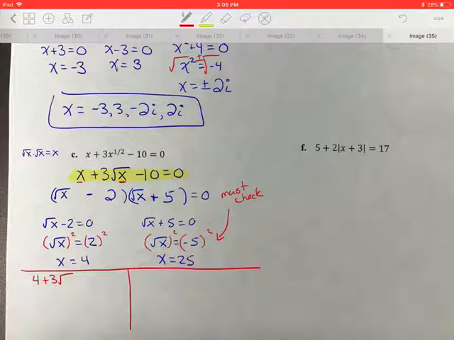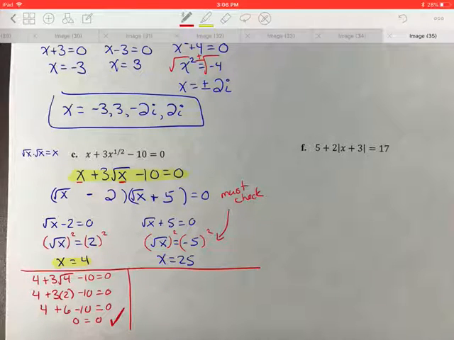In place of this x, I'm putting a 4. And I want to see if this is true. So I know that the square root of 4 is 2. So I end up with 4 plus 6 minus 10 equals 0. Well, 4 plus 6 is 10. 10 minus 10 is 0. So that checks out.